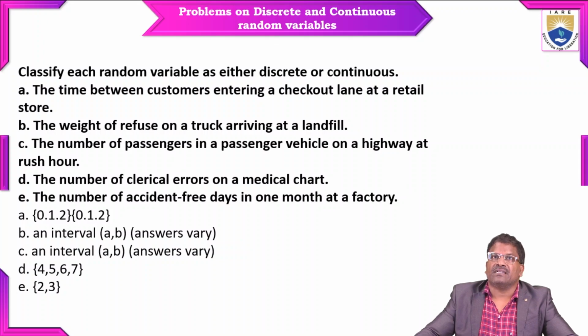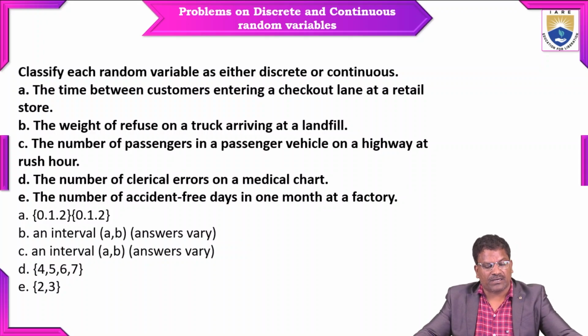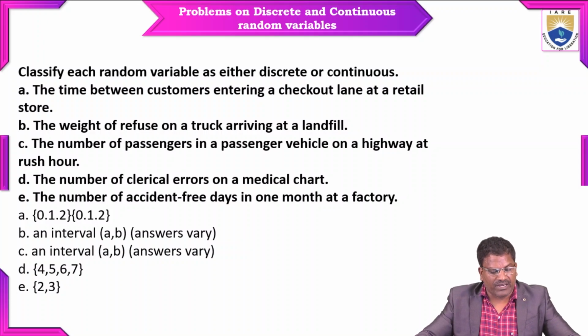The time between customers entering a checkout lane at a retail store, is it countable or uncountable? 0, 1, 2, like that. We can count them. So it is countable and discrete.